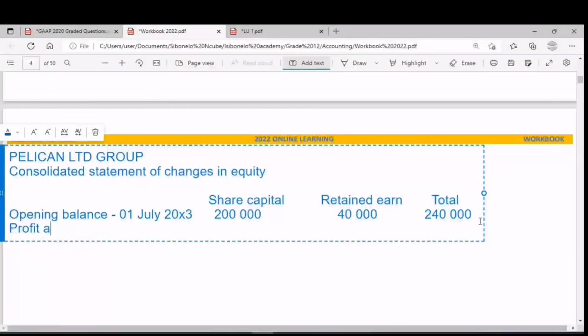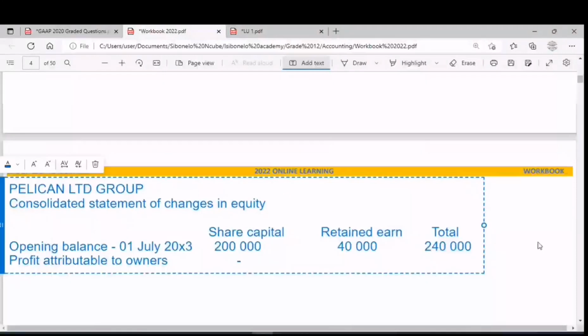After the opening balance, we show the profit attributable to owners of the parent. How much profit is attributable to owners of the parent?